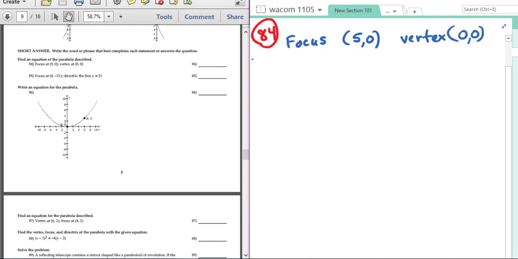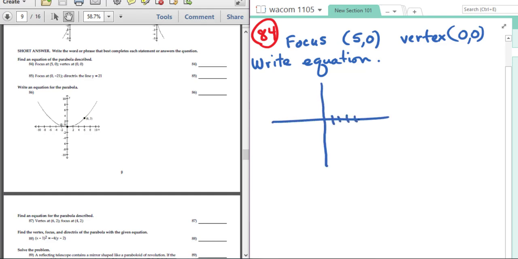And they want us to write the equation of the parabola. And they tell us it's a parabola. So the first thing I would do is I would do a little drawing, and I would put on it what I know. I know the vertex is 0, 0. All right, and my focus is 5, 0. 1, 2, 3, 4, 5.